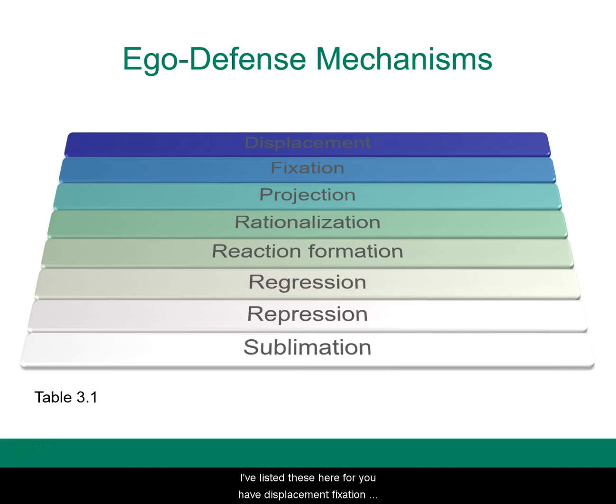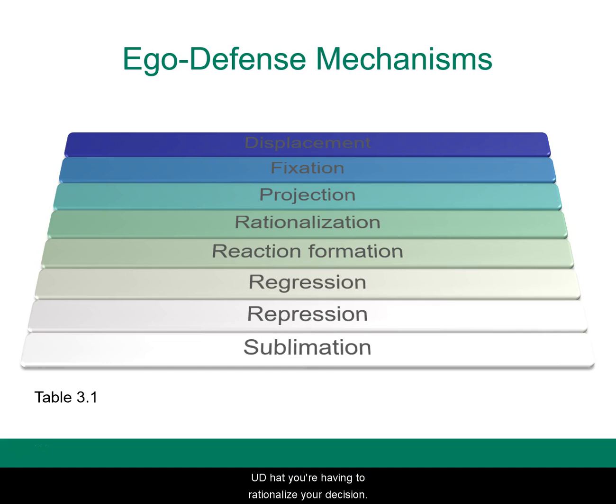I've listed these here for you. You have displacement, fixation, rationalization. This is one that is very easy to identify with. If you purchase something and it's not the best product, but you paid a lot for it, maybe you will rationalize why you paid so much for it. So you won't think of it in as negative a manner because you paid a lot for it.